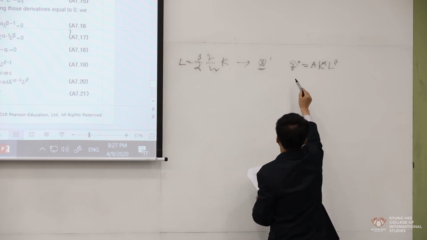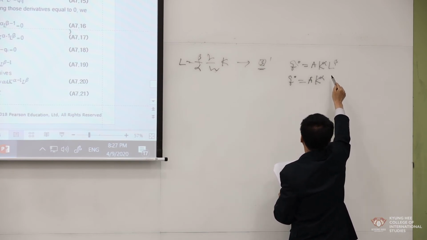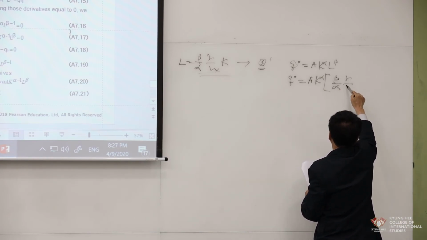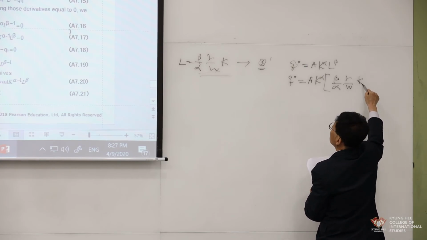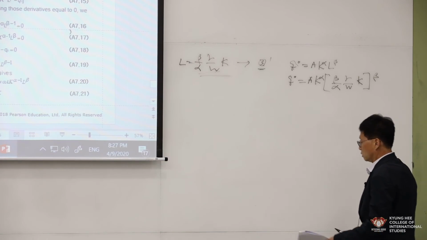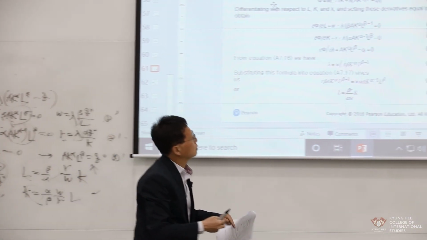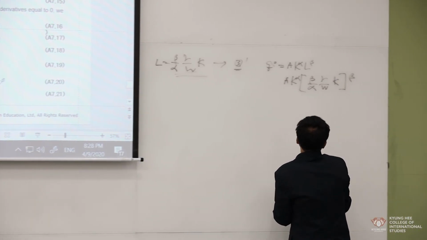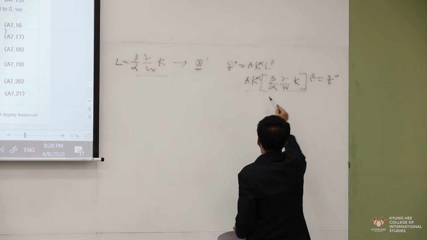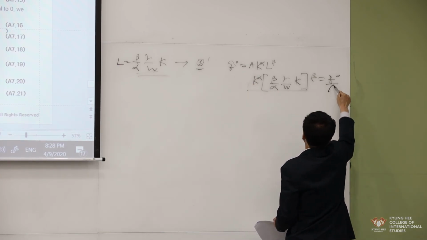And this one inserted here, then Q0 is equal to A, K^α, and L is this one, to the power β. Moving A there, we know it like this.